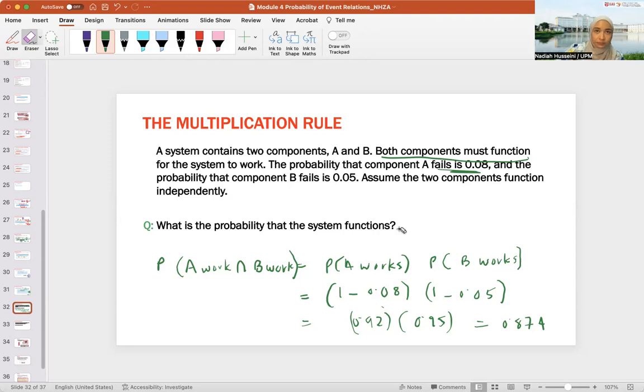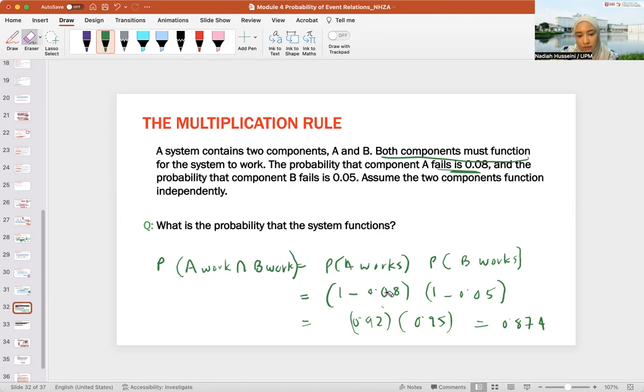Okay. When I use this approach, I'm assuming that they are not in the same sample space. Let's see. 0.08, 0.05. Okay. And then this one doesn't give us the same answer.